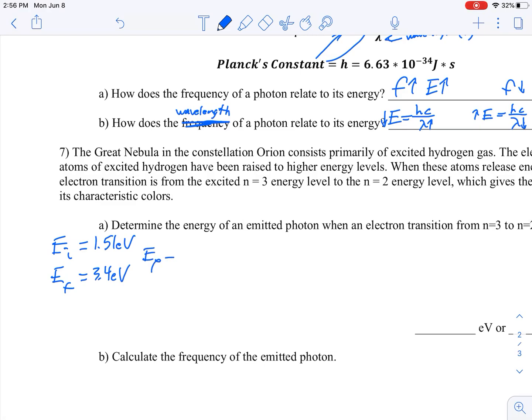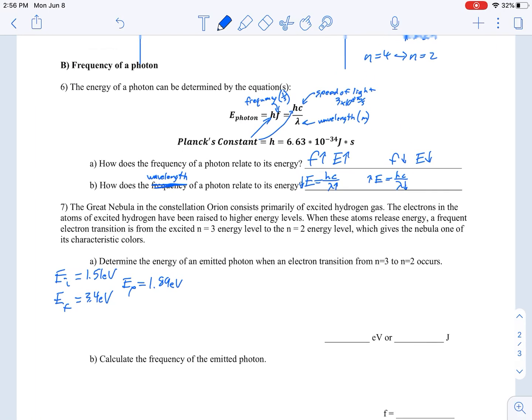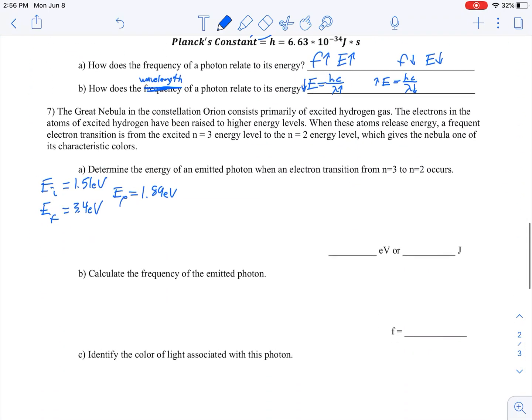All right, so our energy of the photon is the difference between those two: 1.89 electron volts. By the way, before it was 1.89 or 1.9. It's not a big deal though.